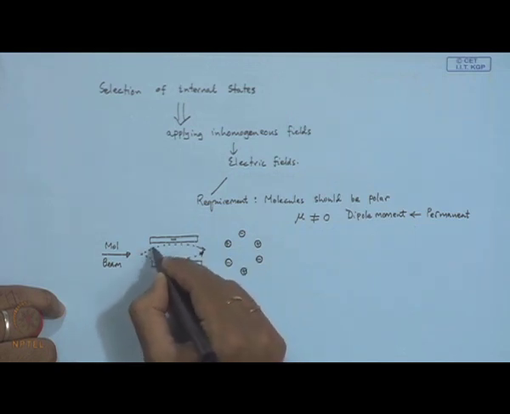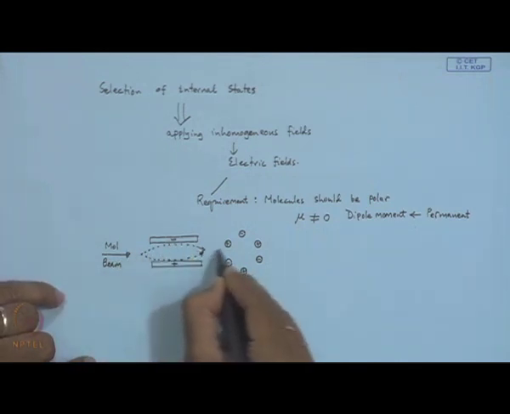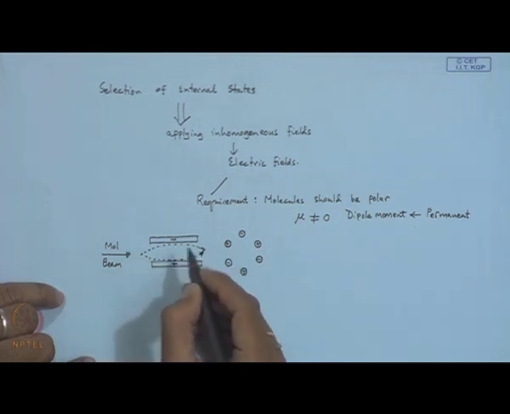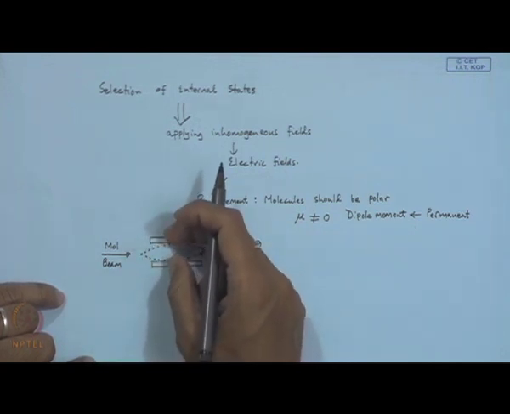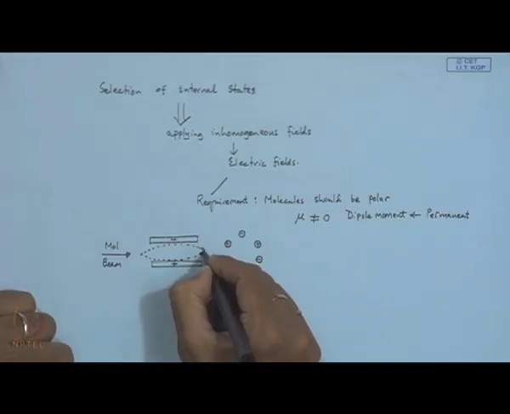These molecules will be attracted, and then again it will go this way. If the field is not there, they will pass in a linear fashion. The moment you apply the electric field, it bulges out.